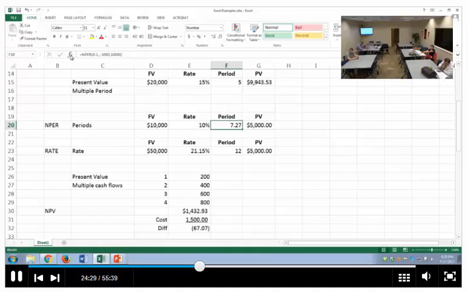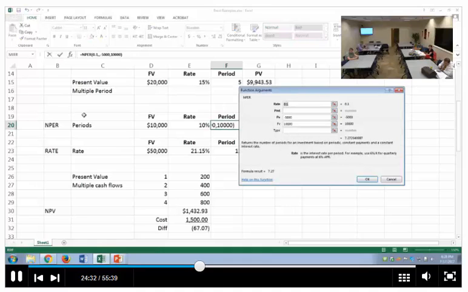In other words, what this is looking for is that if my interest rate is 10%, and I wanted to invest $5,000, how long would it take that 5,000 to grow to 10,000? All right, again, under the function, there's a function called nper. And what we're solving for is the number of periods.